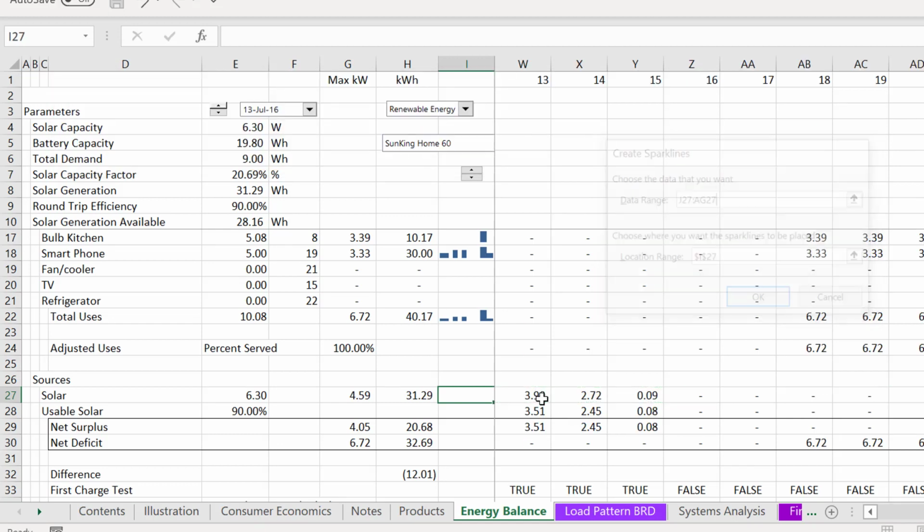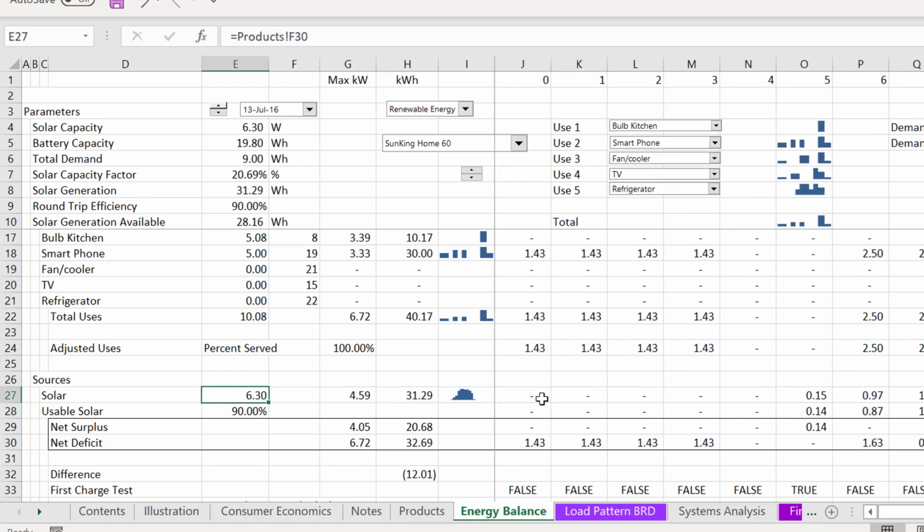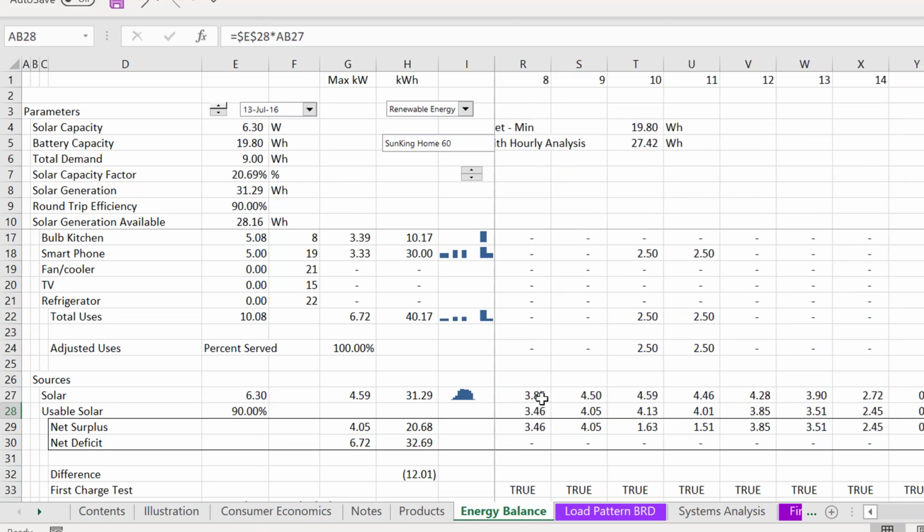And there's no way to not incorporate, put a little sparkline in there again, how much solar we have. And then if we're going to use the solar to charge our battery, perhaps I made a little mistake here.